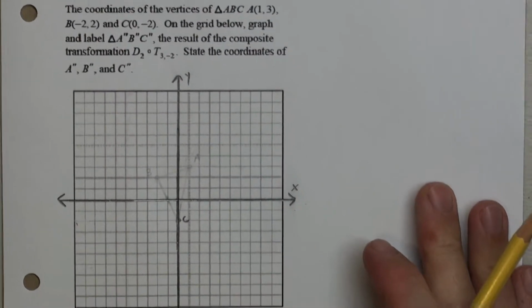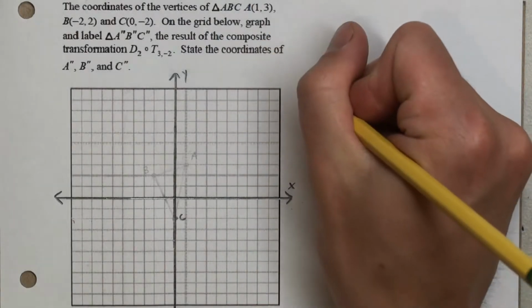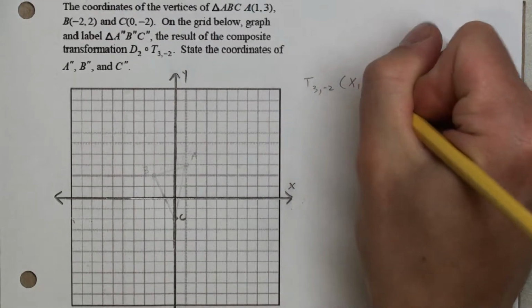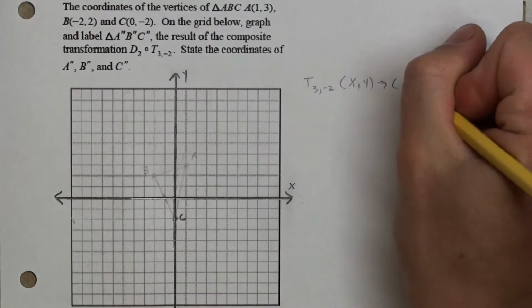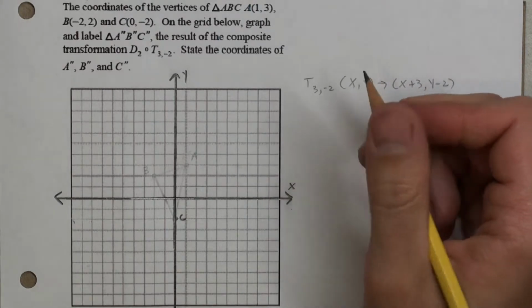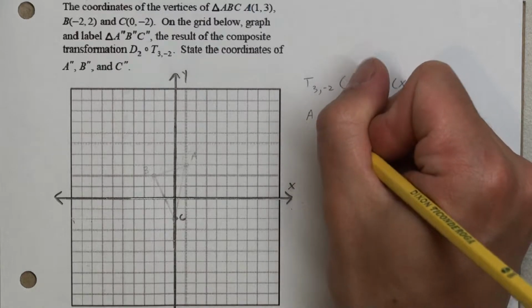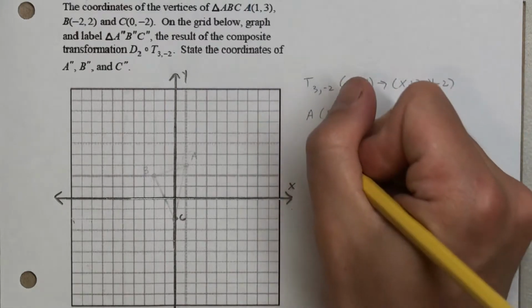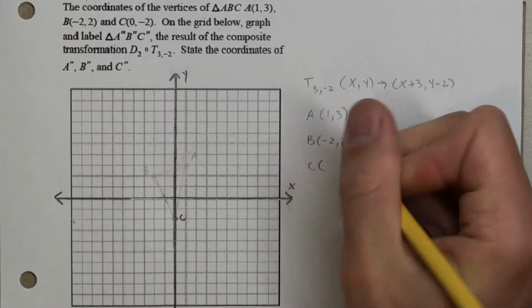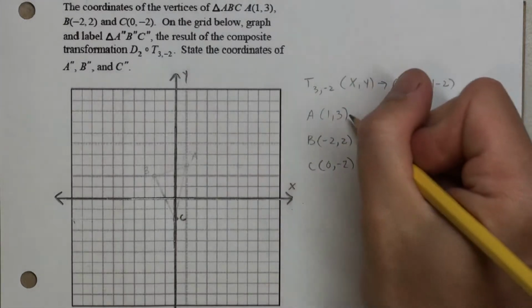Okay. So a translation of (3, -2). We'll take (x, y) and we'll make it (x + 3, y - 2). So first, I have A here, B here, and C here.